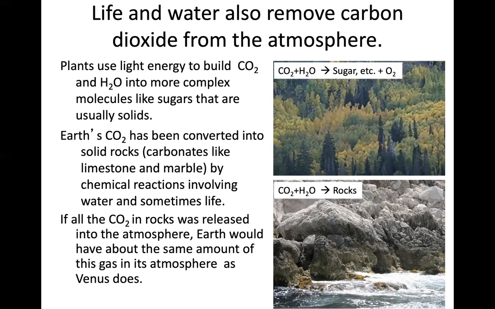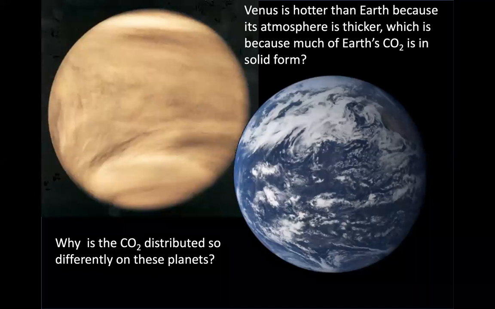So the difference between Earth and Venus is that the carbon on Earth is locked up in rocks and life, whereas on Venus, it's in the atmosphere. Now, the question becomes, wait, why is that? Okay, Venus doesn't have life, but this isn't clearly life connected, so what's going on here?